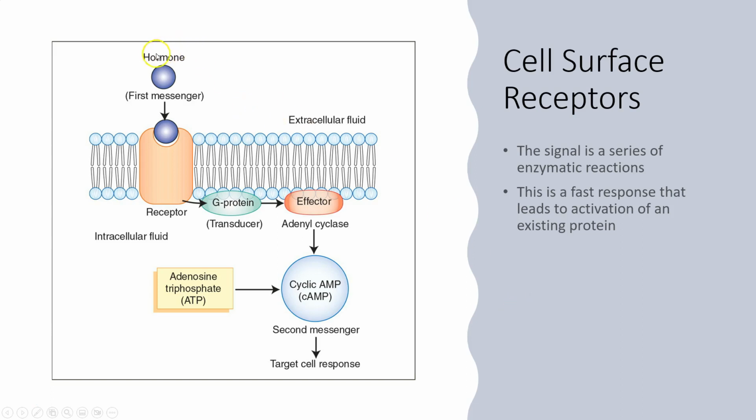So when a cell surface receptor binds a hormone, our first messenger, it sets off a series of enzymatic reactions. All of these proteins are pre-made and just need to be activated by some sort of signaling molecule. And so when you have cell surface receptors, that cell is going to have a fast response to this signaling because you're activating an existing protein.